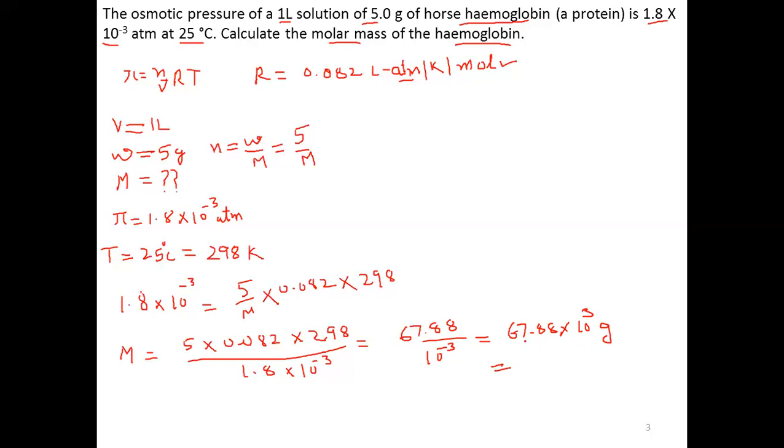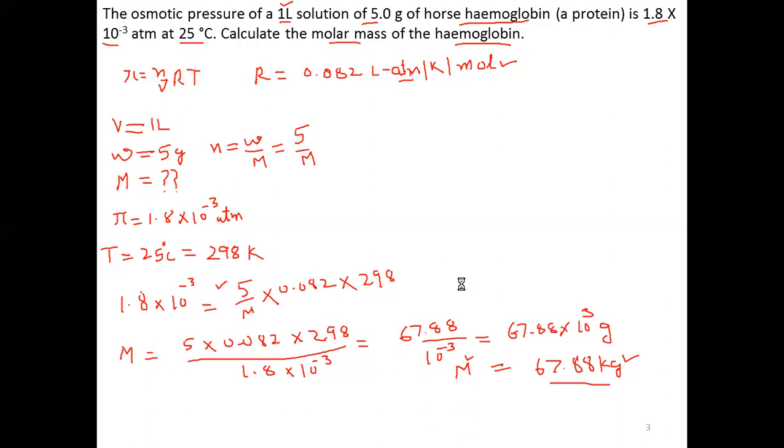It can be written 67.88 kg, because 10 raised to the power 3 gram is 1 kg, 1000 gram is 1 kg. So this is the molecular weight of hemoglobin. So this was the numerical similar to the earlier one. Here volume was already given in liter and its value was 1. So it was a simple numerical. By putting these values, we were able to calculate molecular weight of hemoglobin.